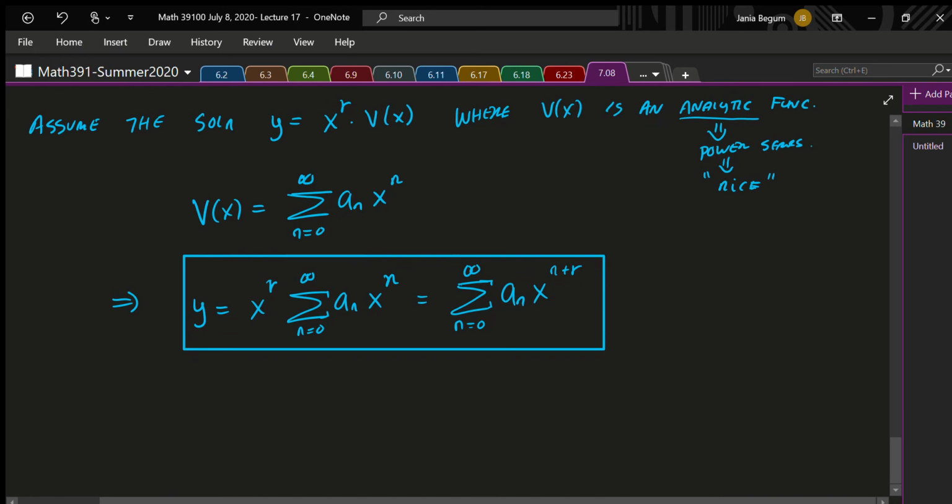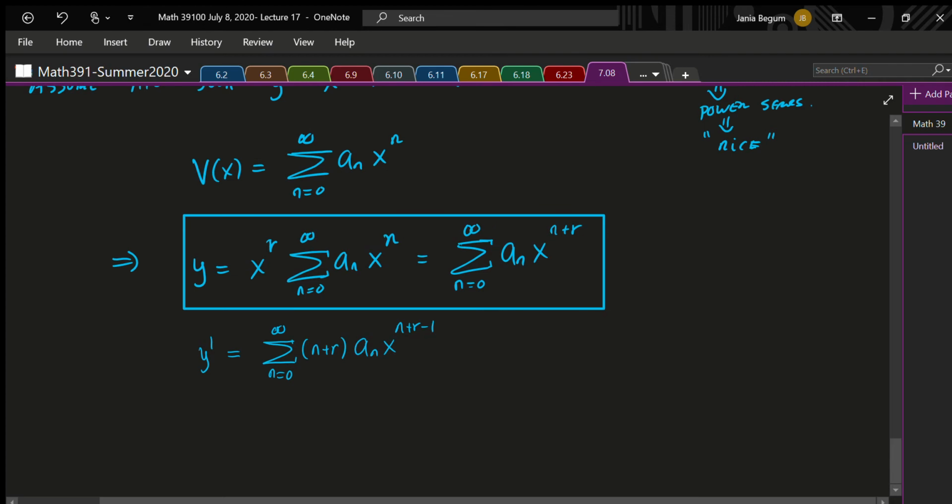If that's the solution form, then its first derivative is the sum starting at n equals 0 to infinity, and I'm going to bring down n plus r times a n x to the n plus r minus 1.